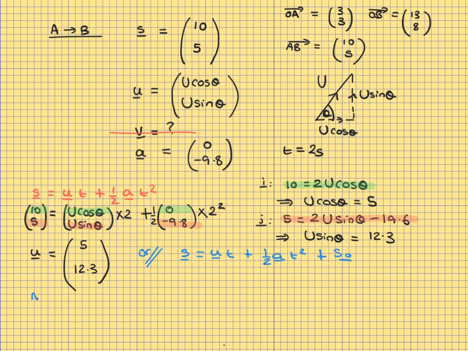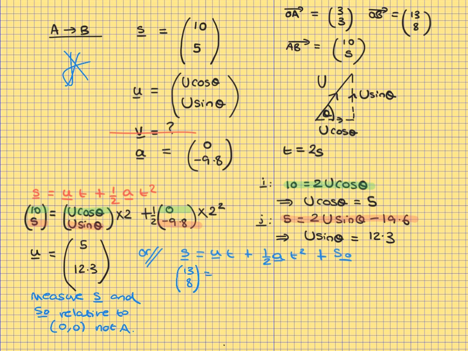So we measure s and s0 relative to 0, 0, not A, like we did in this example here. So s, of course, would then be the position vector of B, which is 13, 8.